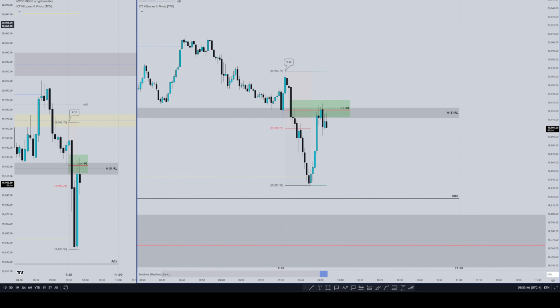Let me screenshot this quickly, send it over to predictions. So looking for premium of the range to hold. Only issue I have is the 1-minute BISIs.